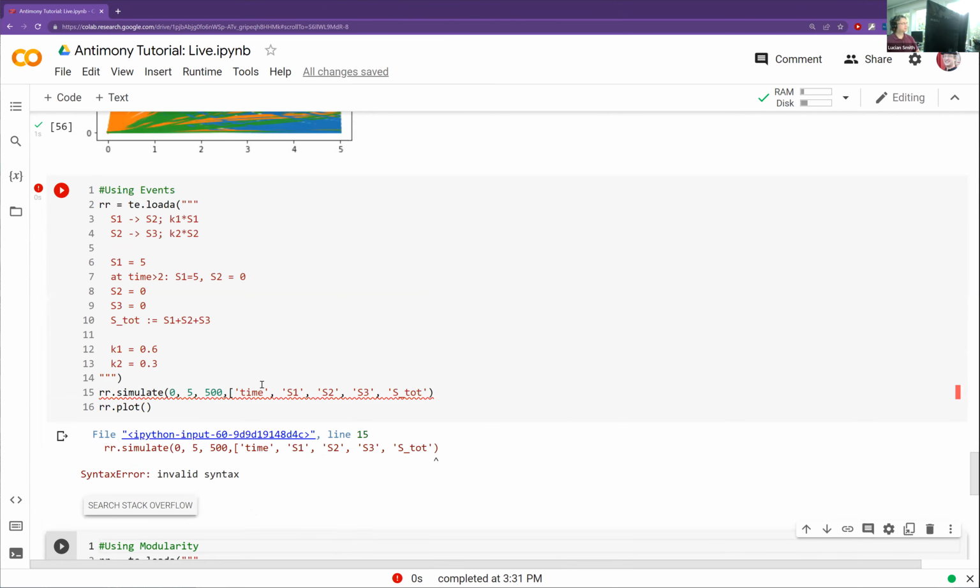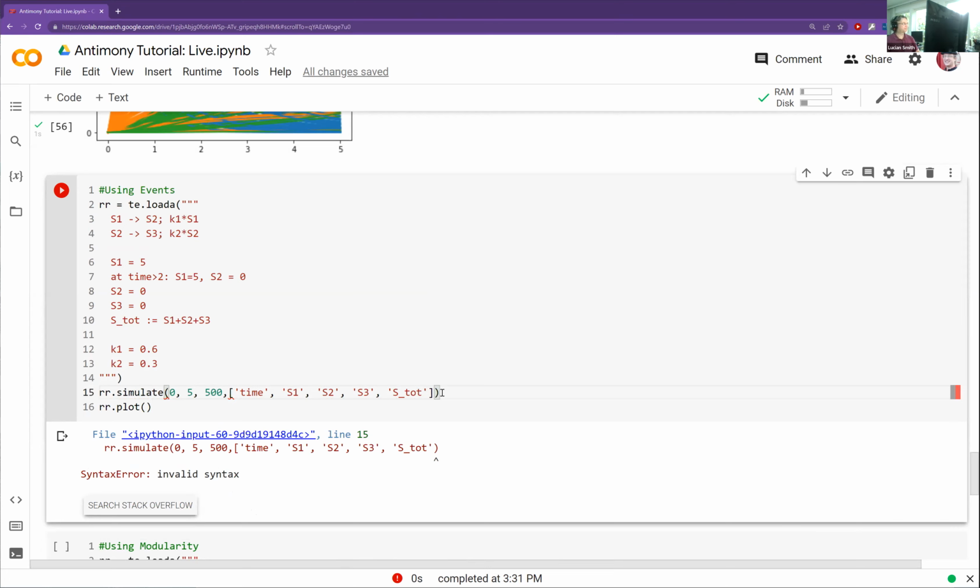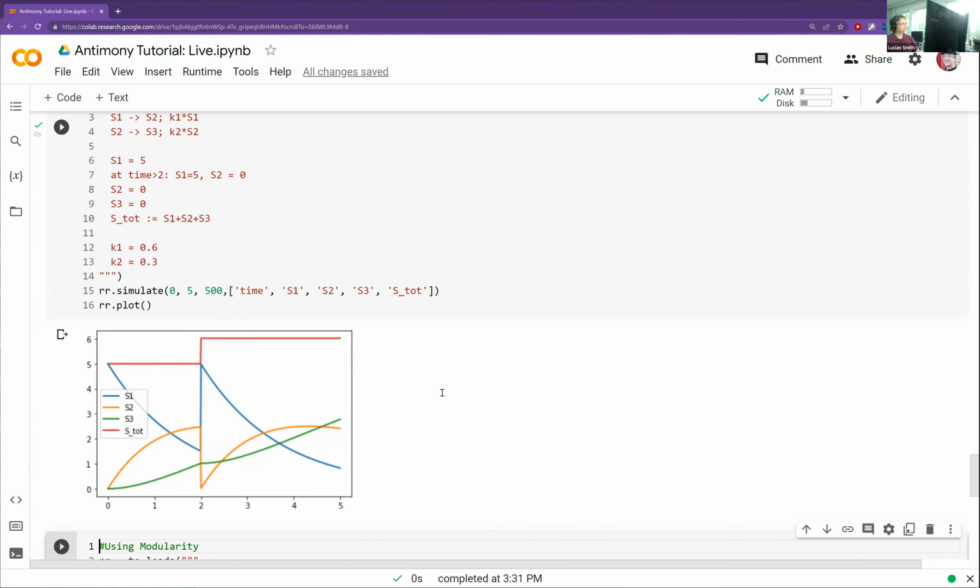Nope, didn't like it. No, I don't have enough. Oh, I forgot my bracket. There we go. So now you can see when we did our little event, we basically added a volume of 1 mass. That's because, or I guess not exactly. Basically, we added however much S3 was at that point to our total reaction.